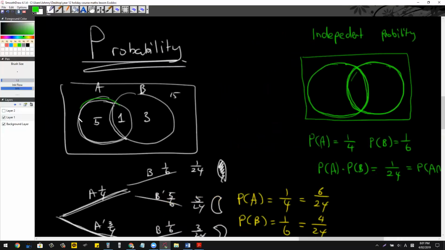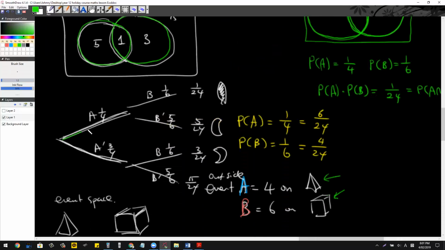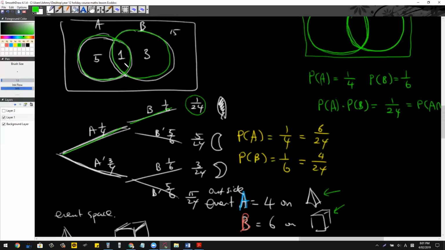So this is 6 out of 24, which is 1 on 4, right? This one is 4 out of 24, which is 1 on 6. You multiply that, you get 1 on 24. Is that right? When you multiply that by that, you get this one, and that happens to be the middle area.